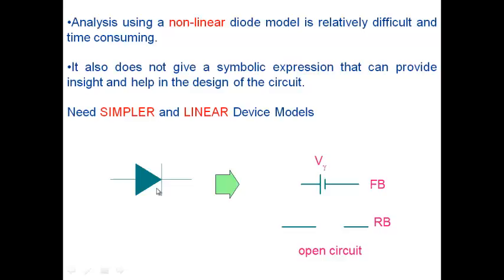And in reverse bias, we'll approximate the diode by an open circuit. Simple model. Obviously, the results I'm going to get with these models are not going to be accurate. So we are sacrificing accuracy, but what we are gaining is simplicity of analysis, simplicity of the final expression, and we'll get a symbolic expression which will help us understand how our circuit works here.